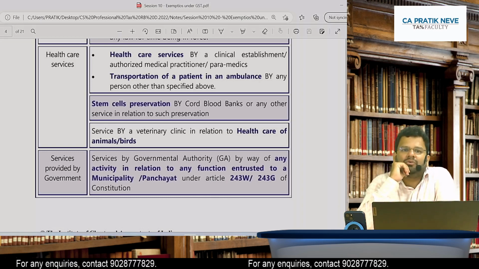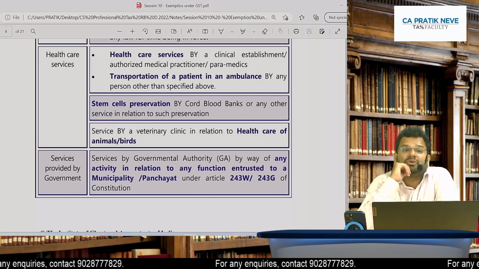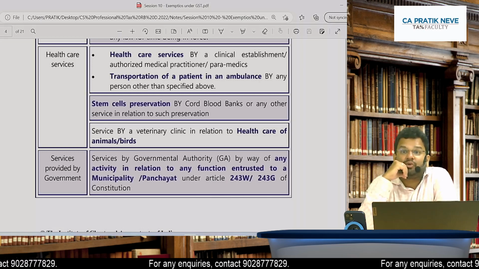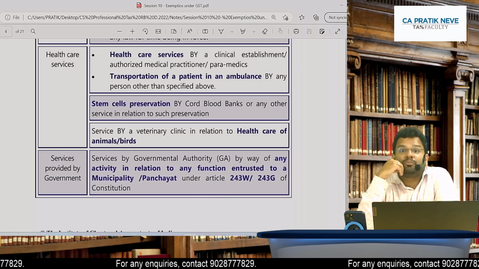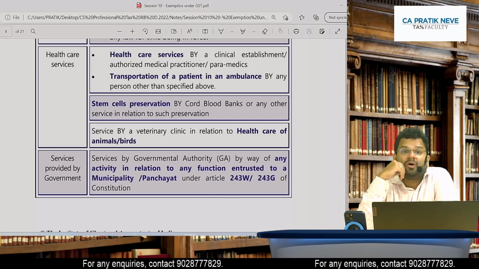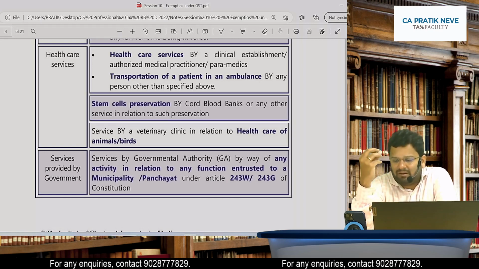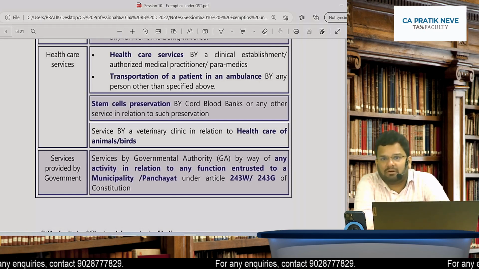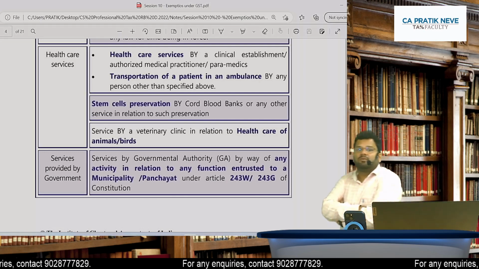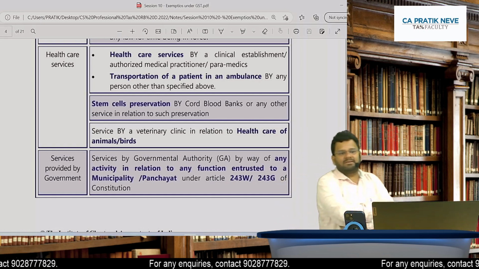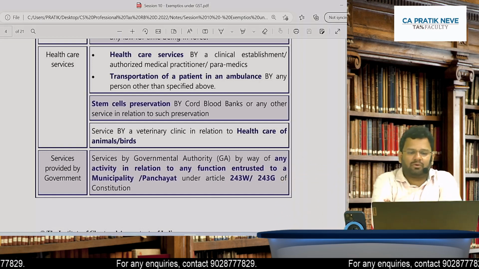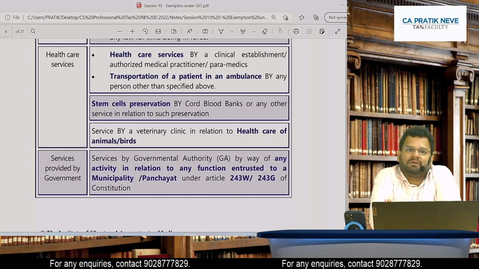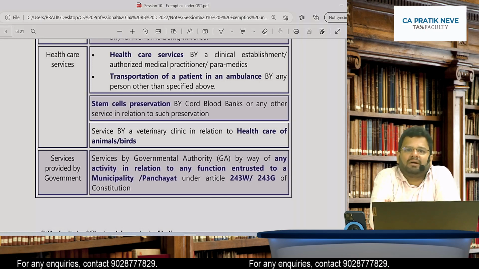Any services which are given in relation to diagnosis of a disease, or medical treatment, or not medical treatment but care taken of the ill person, any of these services given will be exempted. That is healthcare service. Even healthcare of animals is covered, so veterinary services are also exempted.